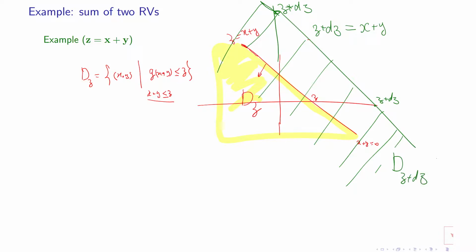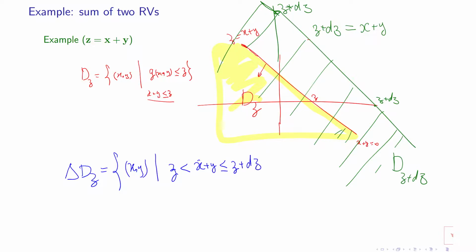So I have to subtract this one from it. So delta Dz is going to be the set of all points x and y such that z is smaller than x plus y, which is smaller than or equal to z plus dz, which is this blue shaded area.